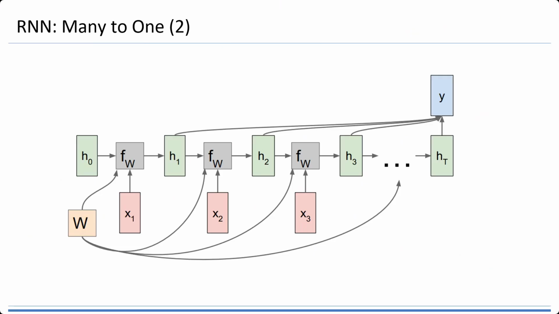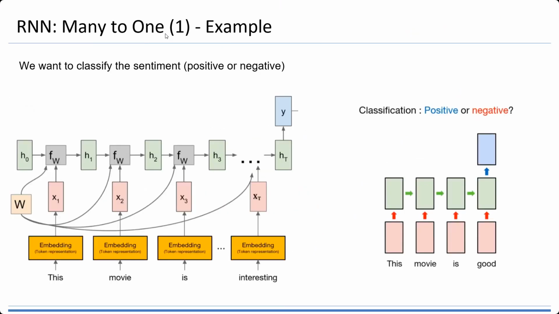So this is many to one, because we have many inputs but one output. The previous one is also many to one.